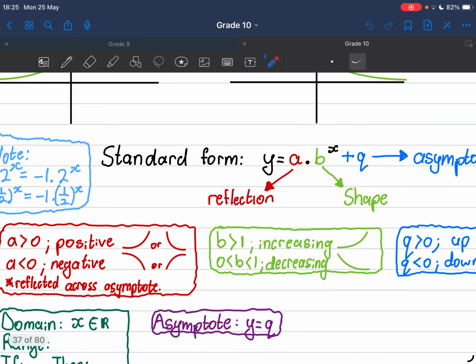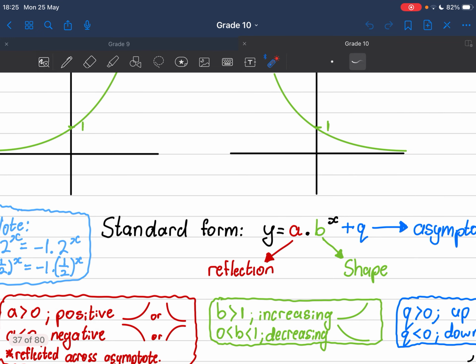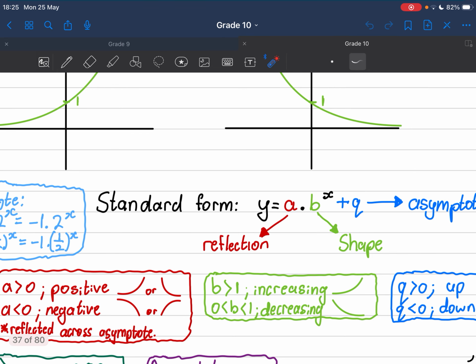Now, if the a value is greater than 0, if it's positive, your graph lies above your x-axis or your asymptote. But if your value for a is negative, then your graph lies below your x-axis or your horizontal asymptote.